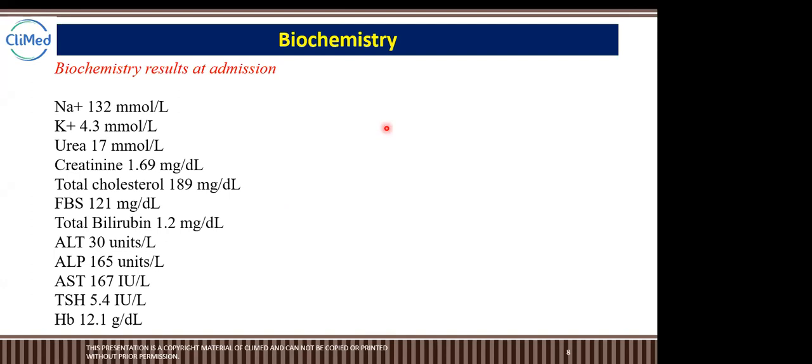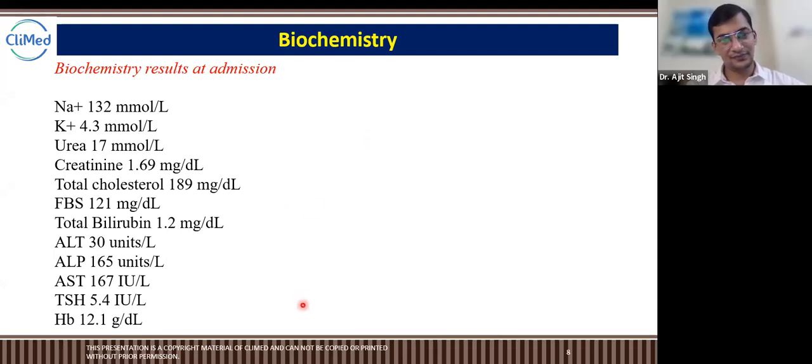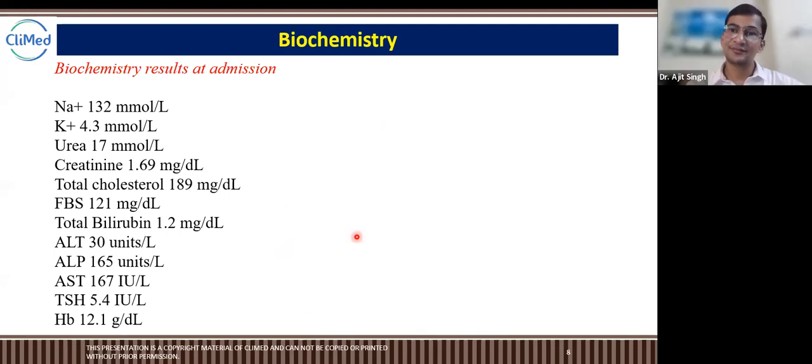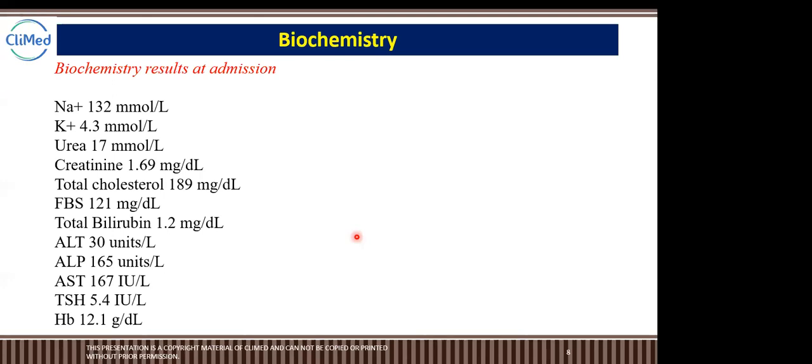Someone else? 0.4 to 4.0. Okay. I think 0.5 to 5 international units per liter is normal.